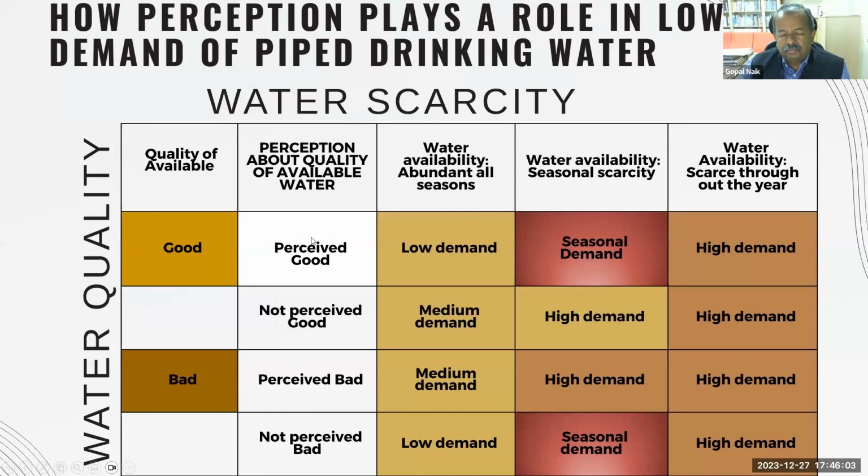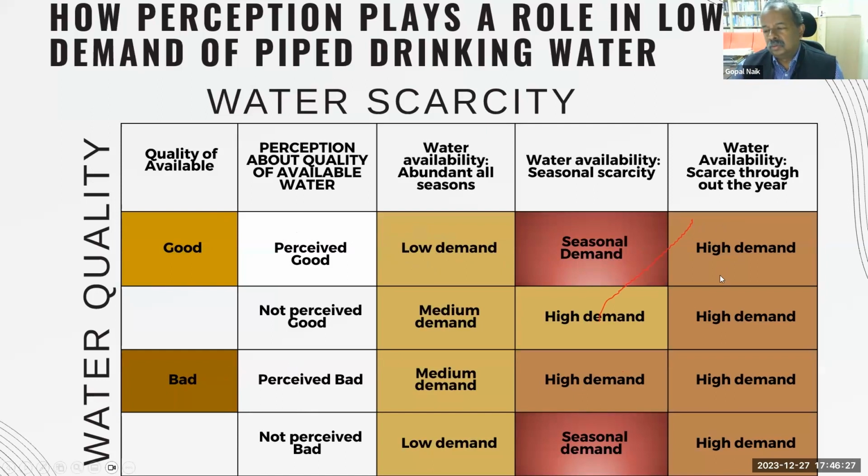So these are different dimensions on which one can actually look at an individual situation. So if a particular habitation is in any one of these, then we can see what will be the demand.